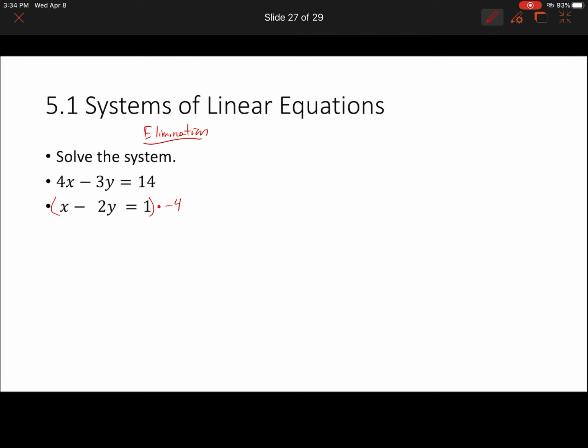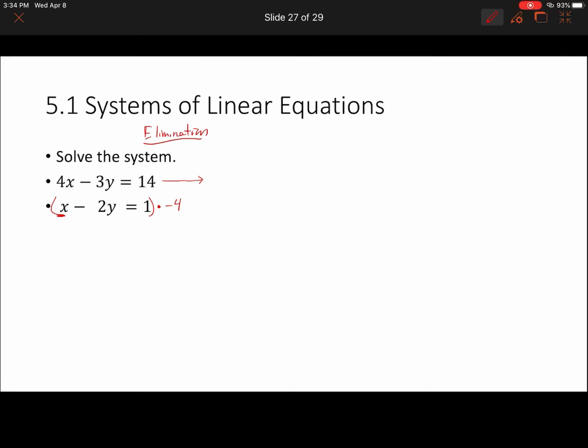Well, because when I multiply -4 times x, I'm going to get -4x, and when I add these equations together, it's going to allow me to get rid of that x variable. Okay? So I'm just going to rewrite this to the side. I'm going to leave the first equation the way it is. I'm not multiplying it by anything because it already has the 4x. I'm going to make the x in the second equation be -4x.